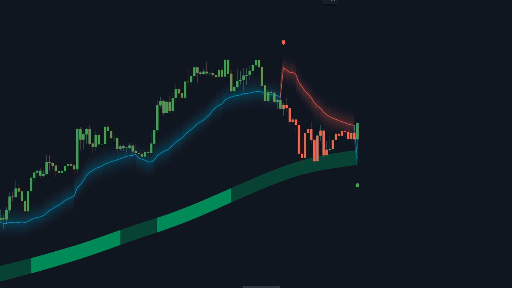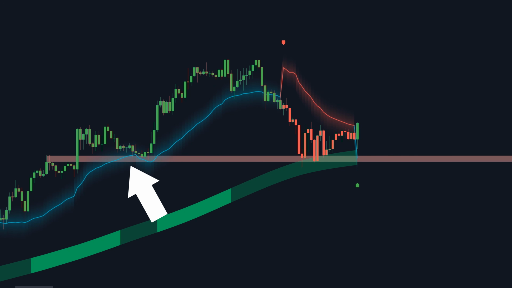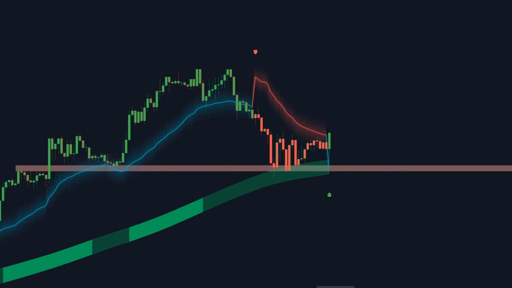Then our price action confluence is that there was a resistance level right here which turned to support. The same level acted as a support when the price bounced off it at this point. Because of this, it increases the probability of the price heading all the way up to take profit. Now, you may be thinking, but where do we place our stop loss?